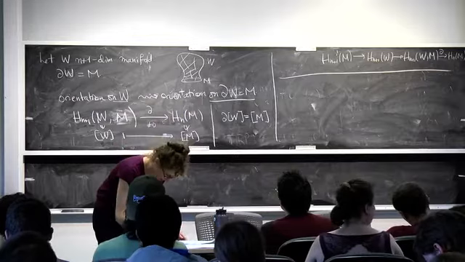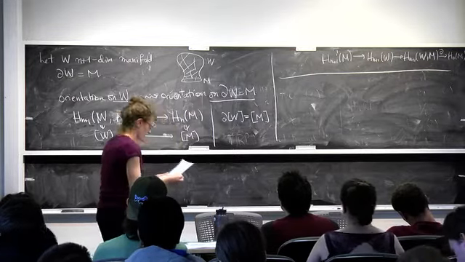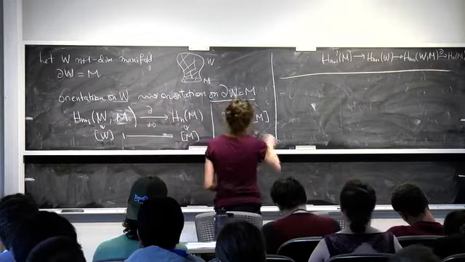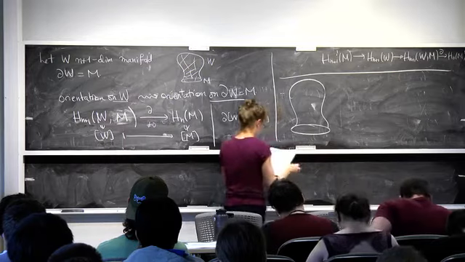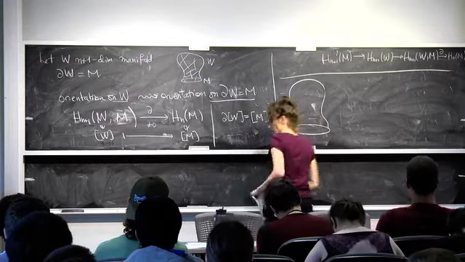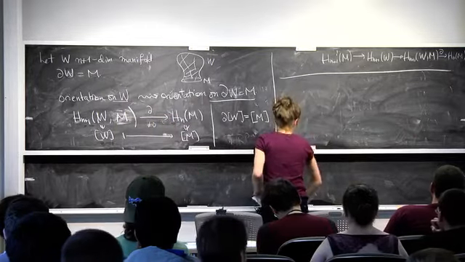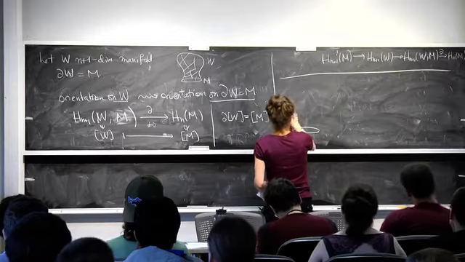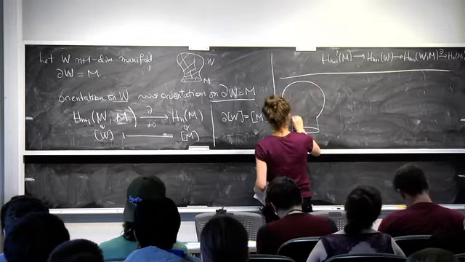Great. I have enough time today, so I think we're good. So now I have my manifold W, and I look at a collar of M. I should have drawn it differently, I want it to really look like a collar. So I have M, and there's no corners, so I'm just smoothing it.